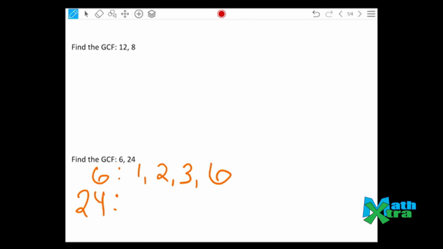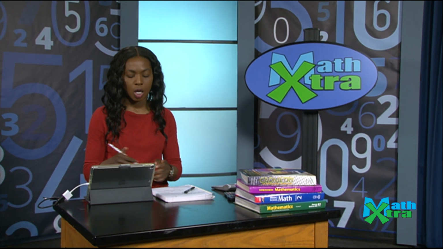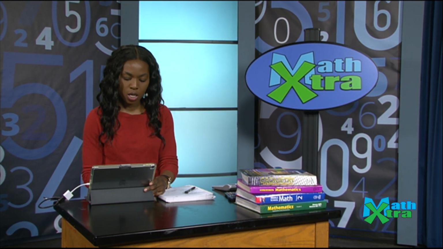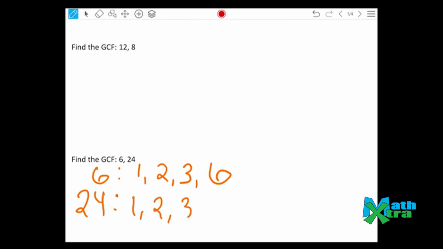That means our data set, our factors, will probably be a little bit longer. We have 1, 2, 3, 4, 6, 8, 12, and 24. All right. Our data set here is a little bit longer, but it's perfectly fine.